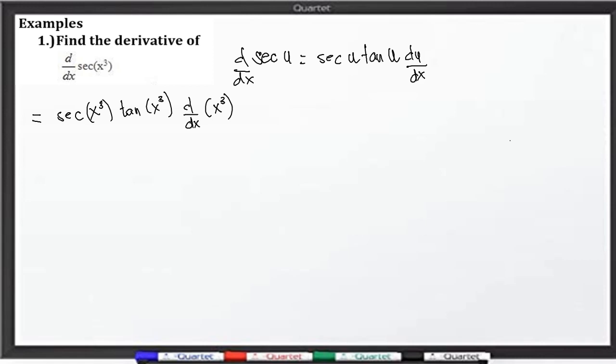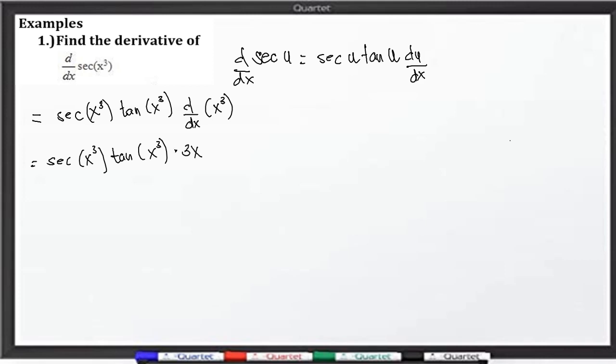Then, the second line will be secant x cubed times tangent x cubed. Then we are now going to take the derivative of this one. This will be 3x squared.